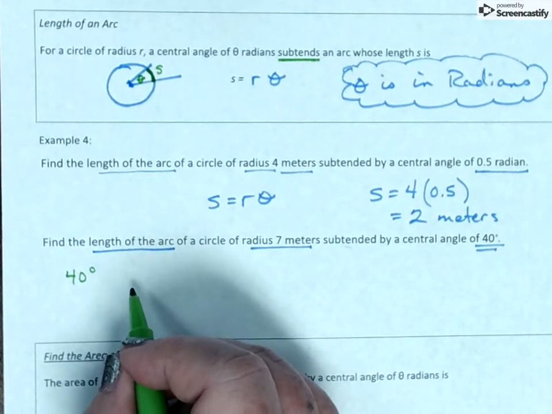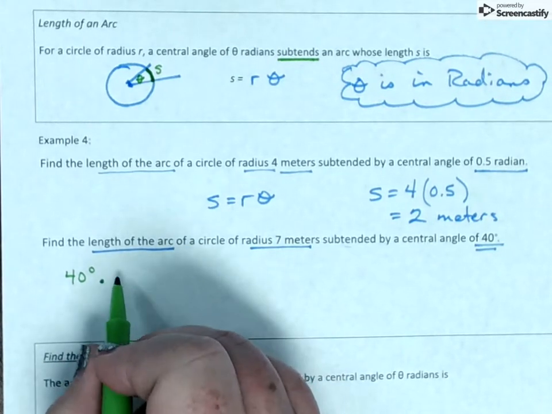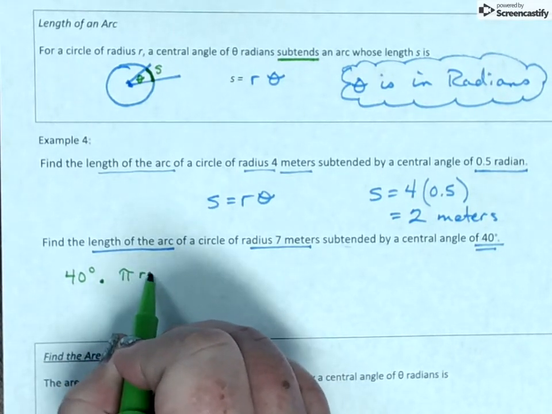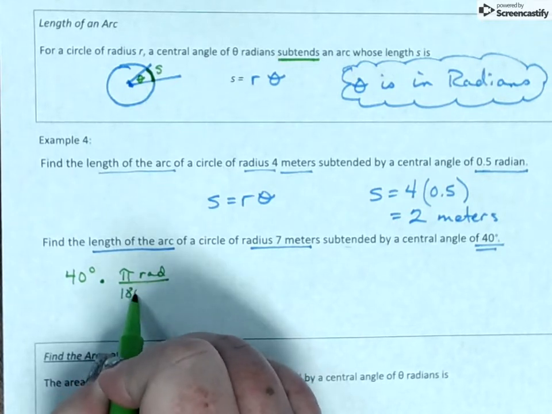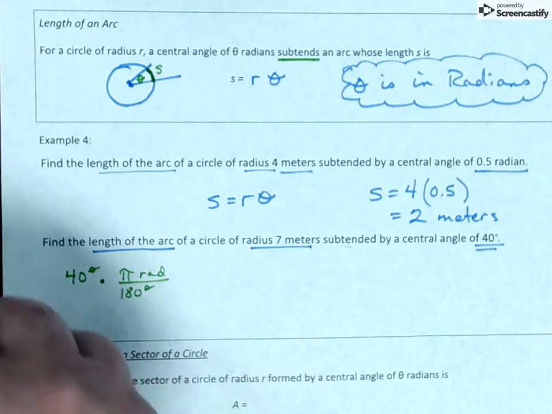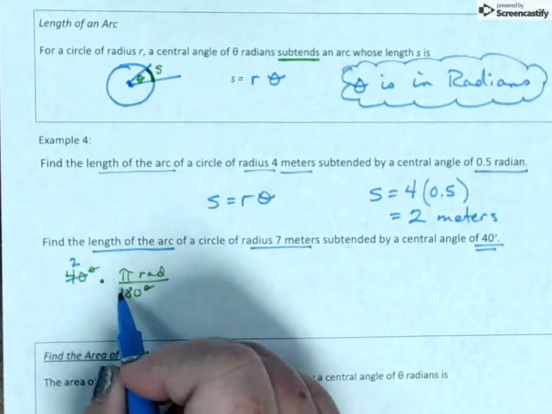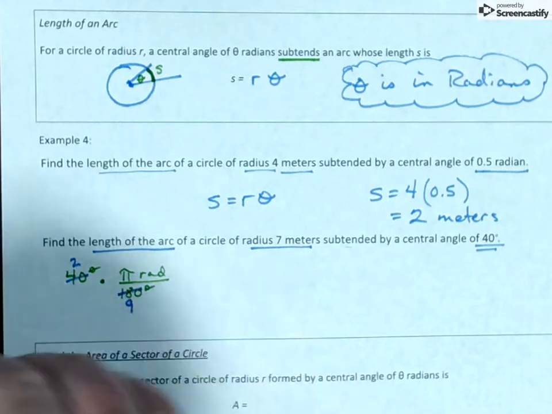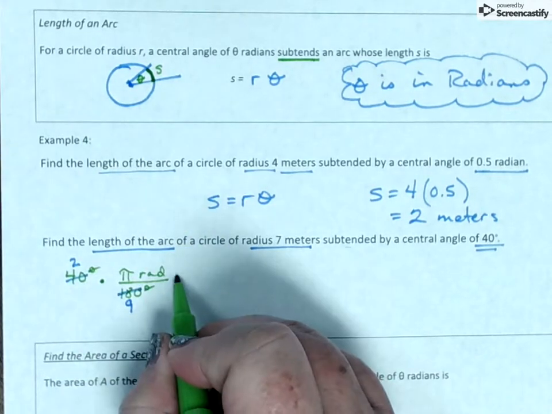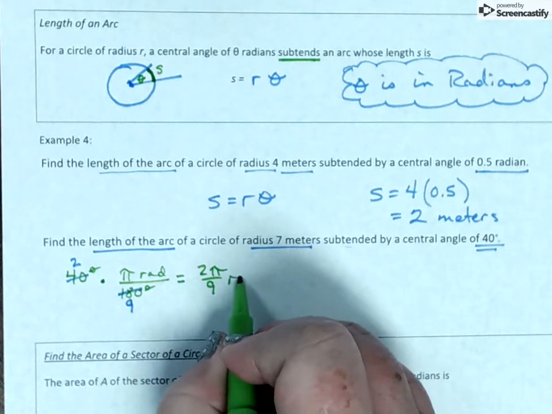So if I take 40 degrees, I'm going from degrees to radians. Remember that I multiply by pi radians over 180 degrees. And the degrees cancel, and we can simplify. 20 goes into 40 2 times, 20 goes into 180 9 times, and that's going to equal 2 pi over 9 radians.